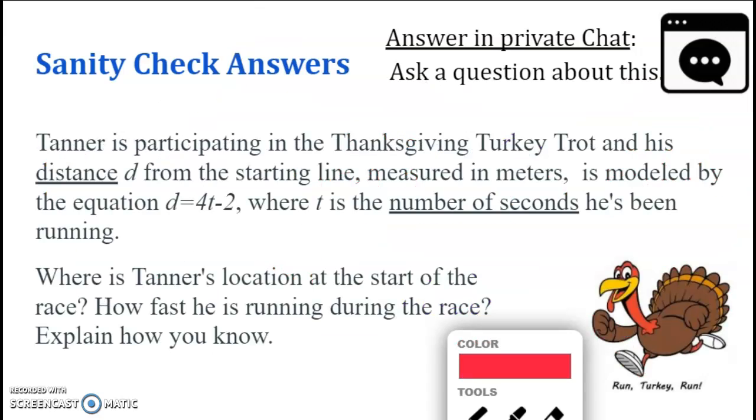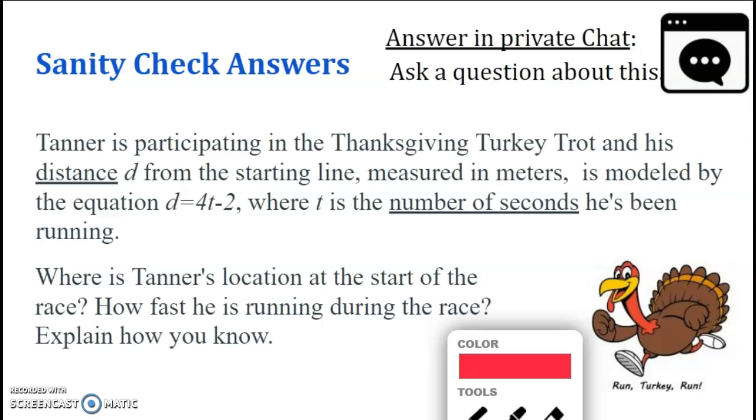Okay, this time we are doing this problem. Tena is participating in a Thanksgiving turkey trot, and his distance d from the starting line, measured in meters, is modeled by the equation d = 4t - 2, where t is the number of seconds he's been running.